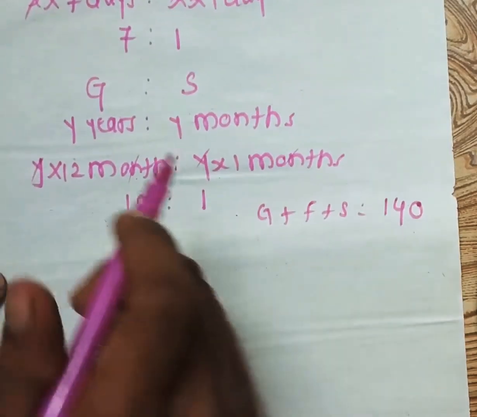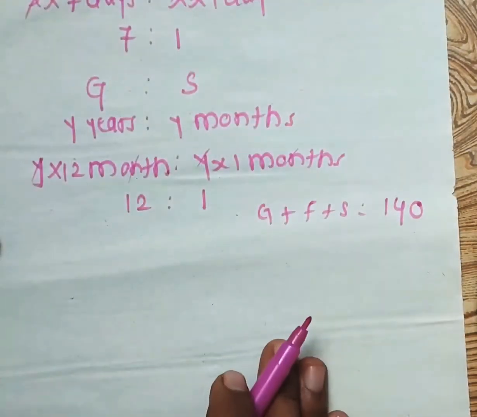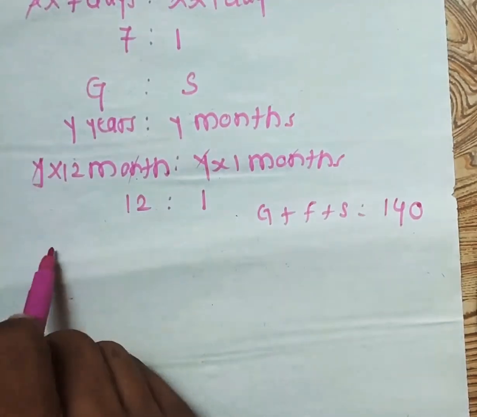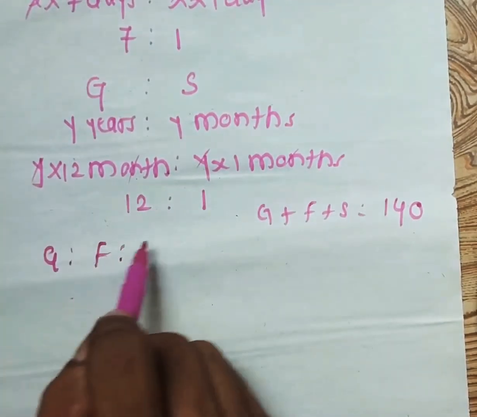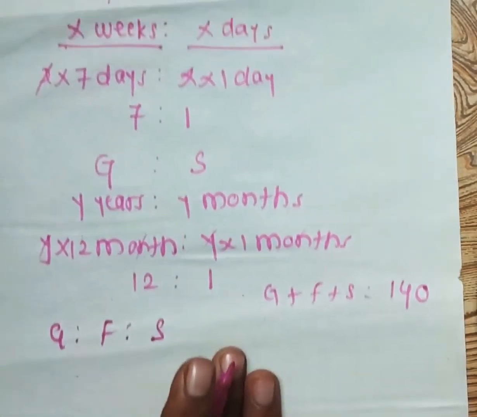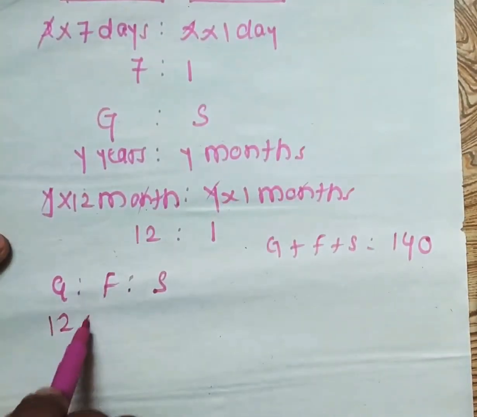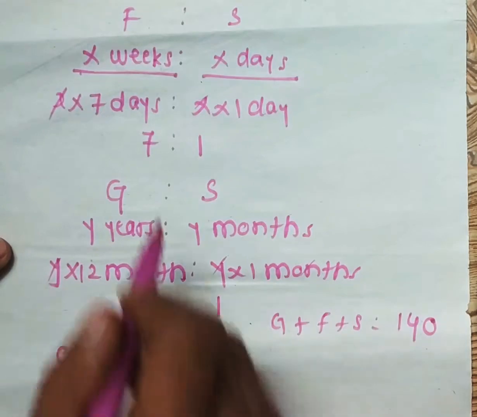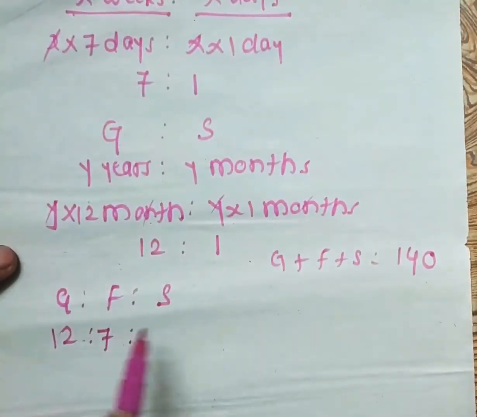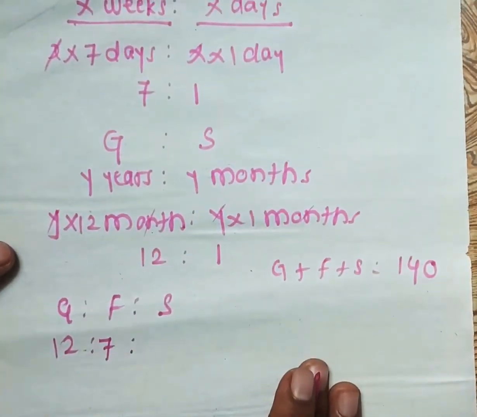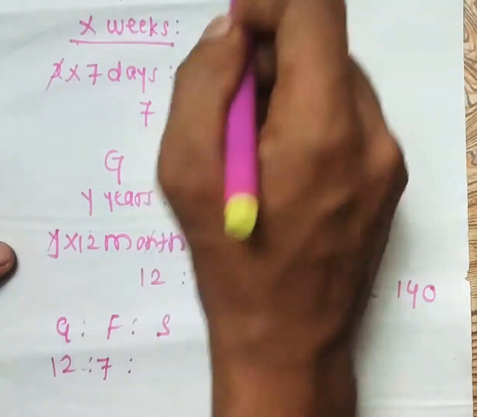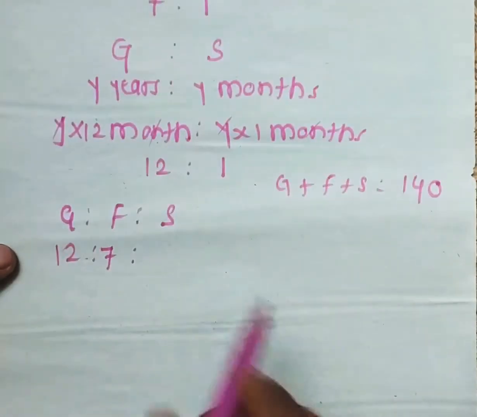And we know the ratio of all these members, grandfather to father to son. The grandfather is 12, father is 7. This is in terms of ratio. Ratio doesn't have any unit, and son is 1.